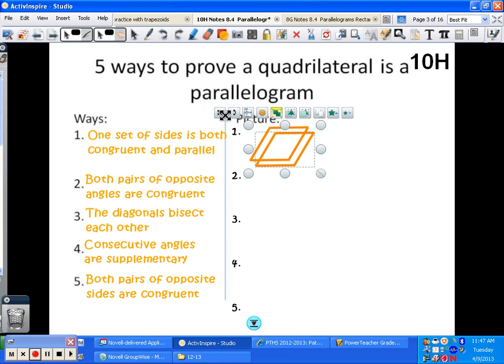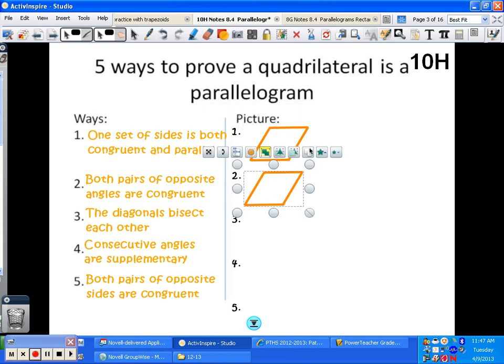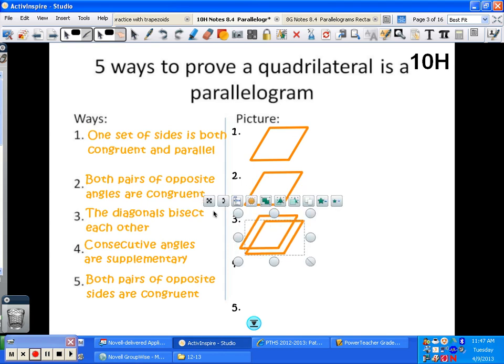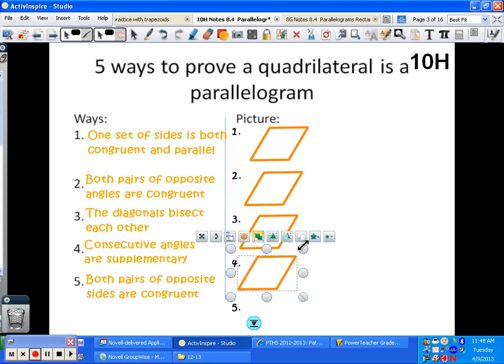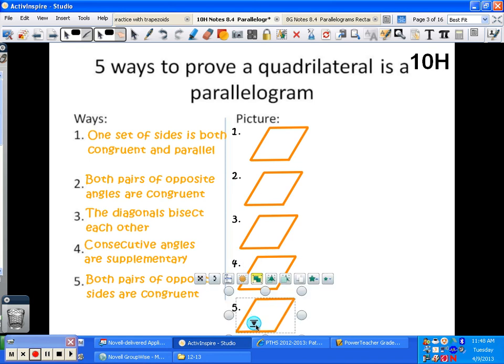Let's go ahead and put 5 of these on here, and then we'll label them according to what we said about them in the corresponding number. I'm going to put that one right there. Now what we need to label: one set of sides is both parallel and congruent.